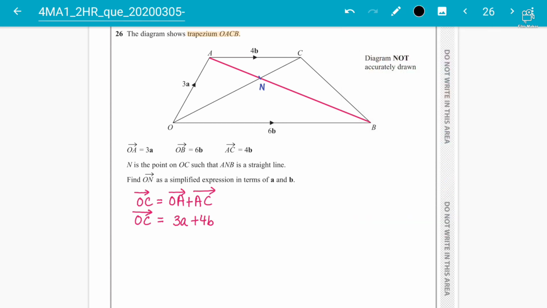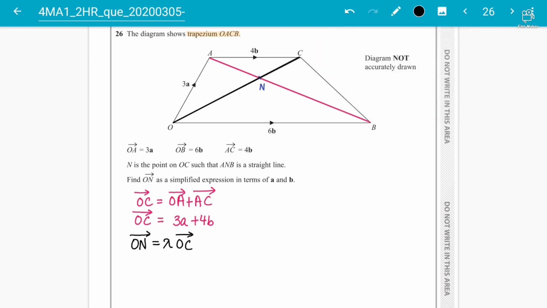So with this you can make your first equation, that if you need ON, you can simply say that ON is equal to lambda times OC. You are going to use lambda and mu here. So ON is equal to lambda times OC, okay. That is going to be the case here, because it lies on the same straight line, so there should be a constant value.